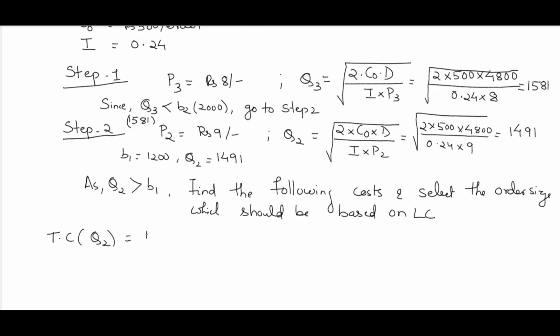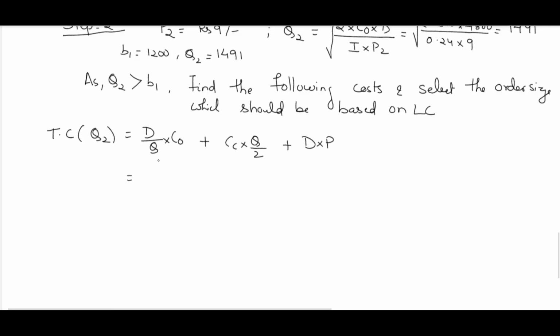So it is equal to D by Q into CO plus CC into average inventory, that is Q by 2, plus D into P. This is the formula. Now you just put the values and get the result.